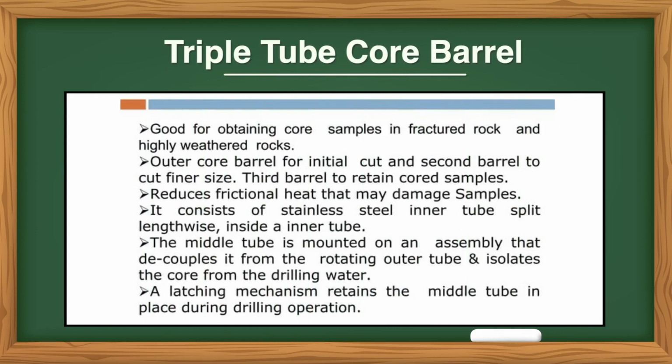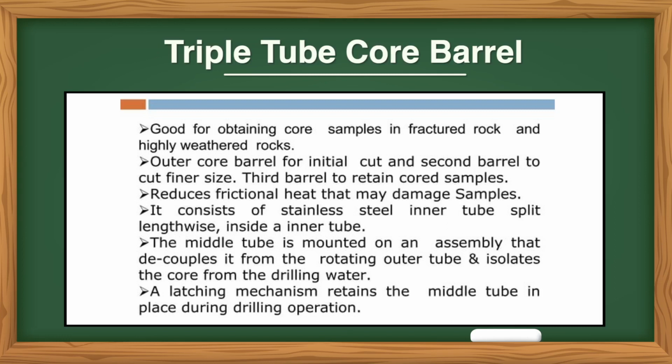Next is triple tube core barrel, good for obtaining core samples in fractured rock and highly weathered rock. The outer core barrel does the initial cut, the second barrel cuts to finer size, and the third barrel retains the core sample.